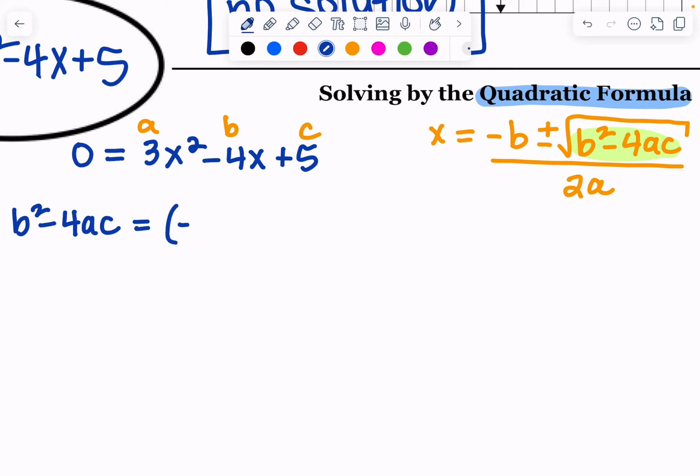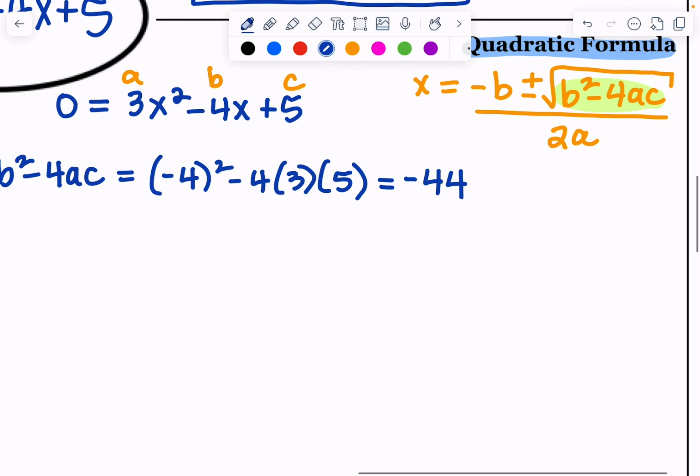When I do that, I'm going to have negative 4 squared minus 4 times 3 times 5. And I'm going to use my calculator so I don't mess up on the arithmetic. I get negative 44. Highlighting this in green to show you we are going to plug it in under the square root here.